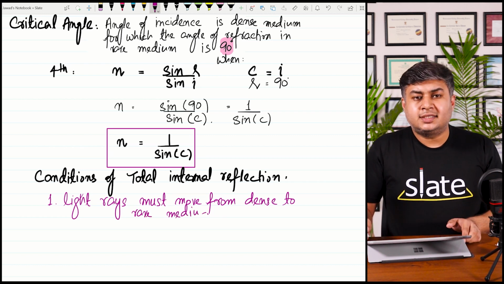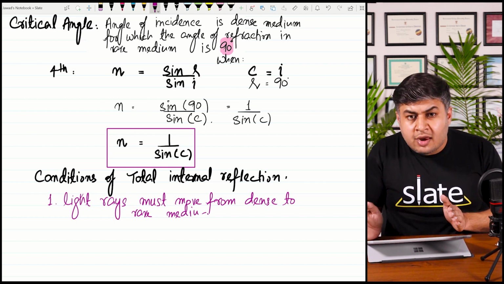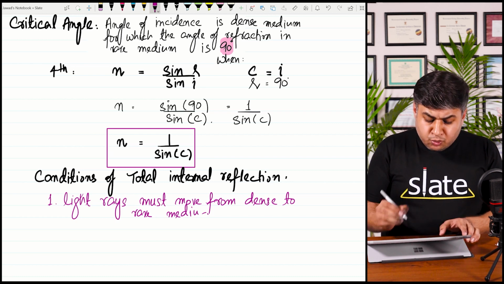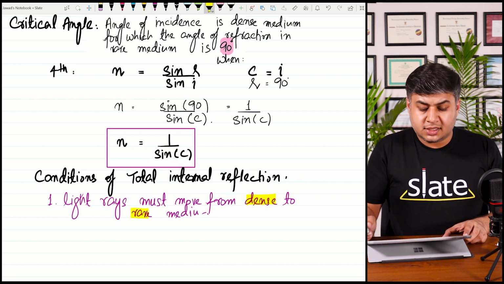ठीक है, जैसा कि इस एग्जांपल में देखा, the rays are moving from glass which is denser medium to air which is rare medium. So light rays must move from dense to rare medium. And what is the second condition?